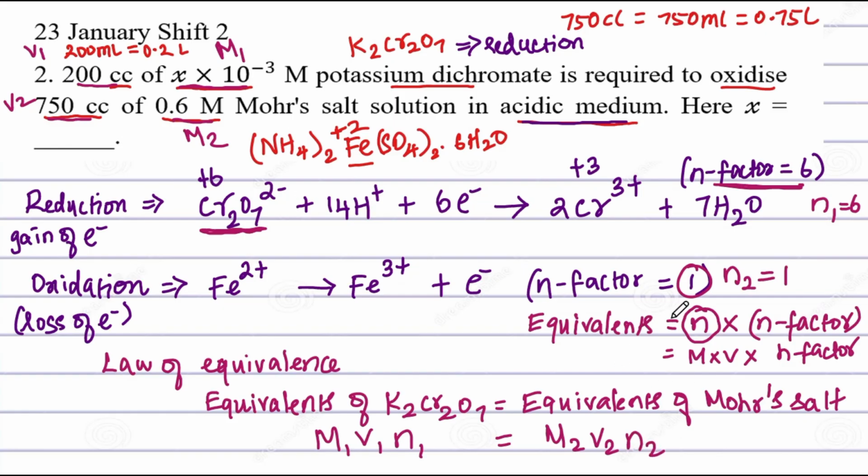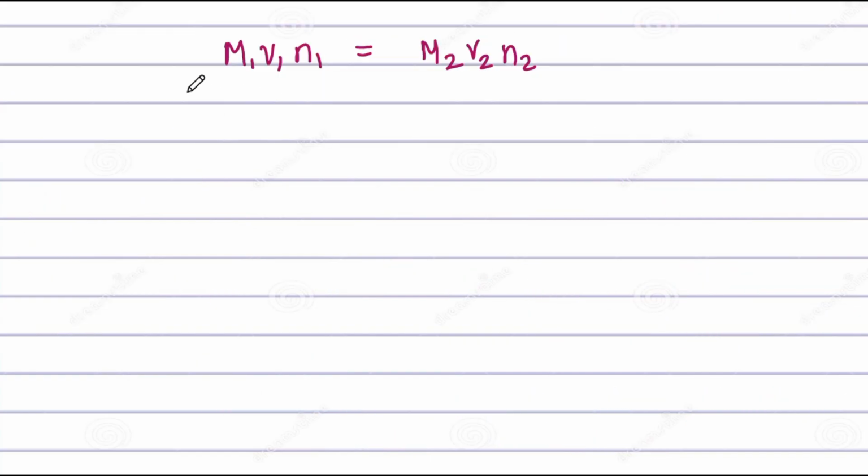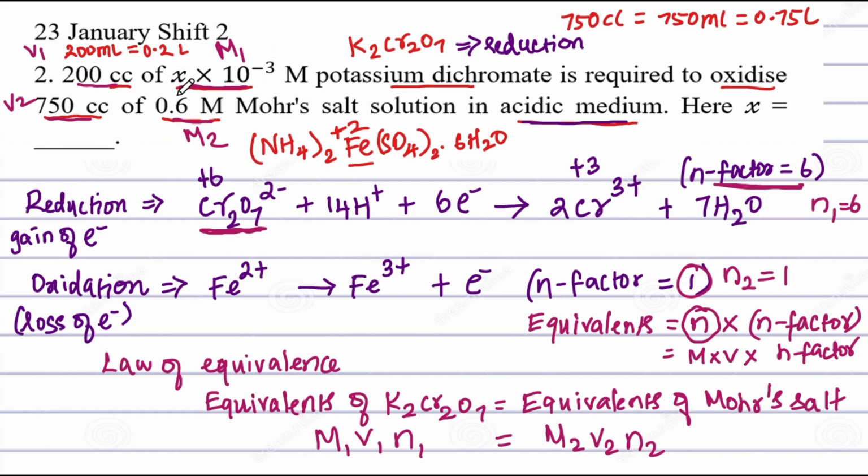So we just have to substitute the values. What is the value of M1? Let me continue in the next page. M1, V1, N1 is equal to M2, V2, N2. What is the value of M1? X into 10 power minus 3. What is the value of V1? 200 cc is 0.2 liters.